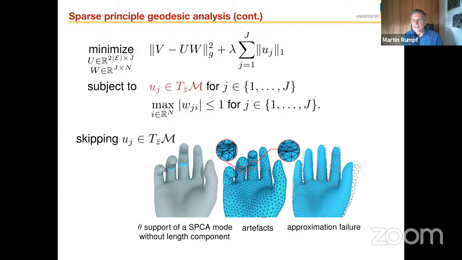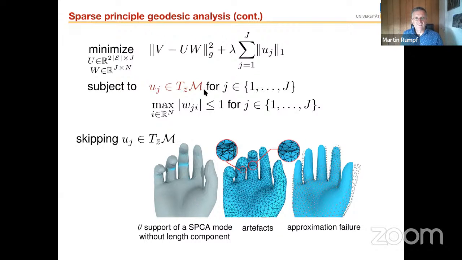So one obvious question is: is it really necessary to ensure that the U_j are tangential? It is, which is indicated by this example here. We take a variation with only theta components of this hand animation here.